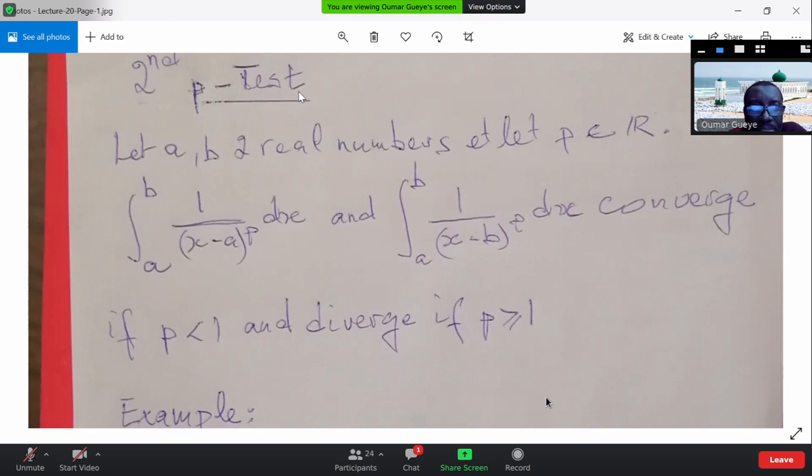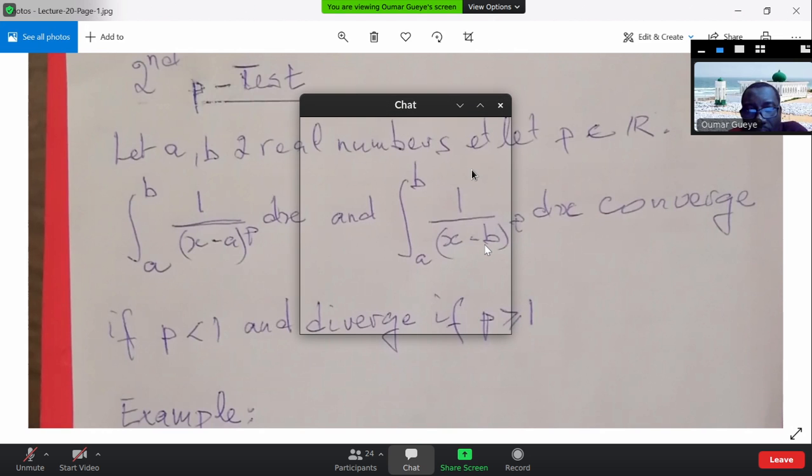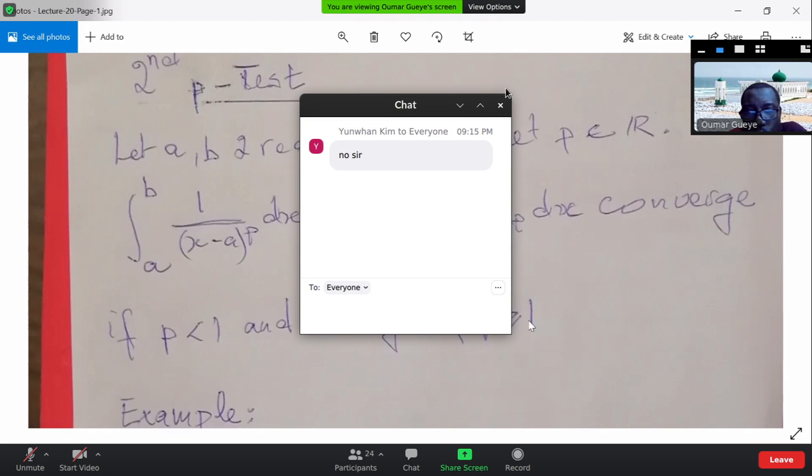And what the second p-test says is, anytime you have this kind of integral, they are convergent if p is any number less than 1, and they diverge if p is greater than or equal to 1.